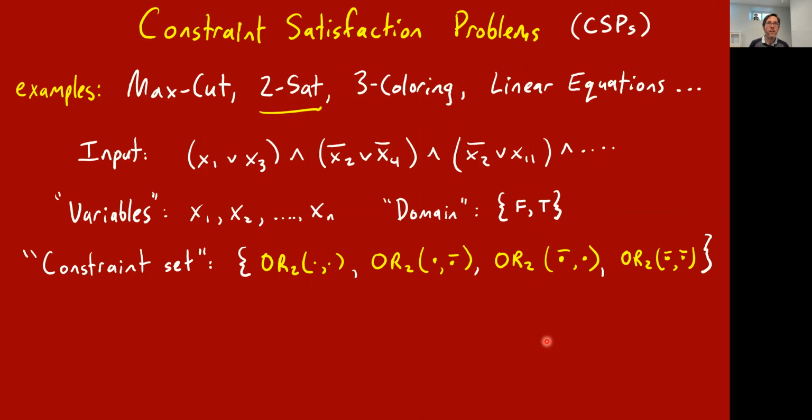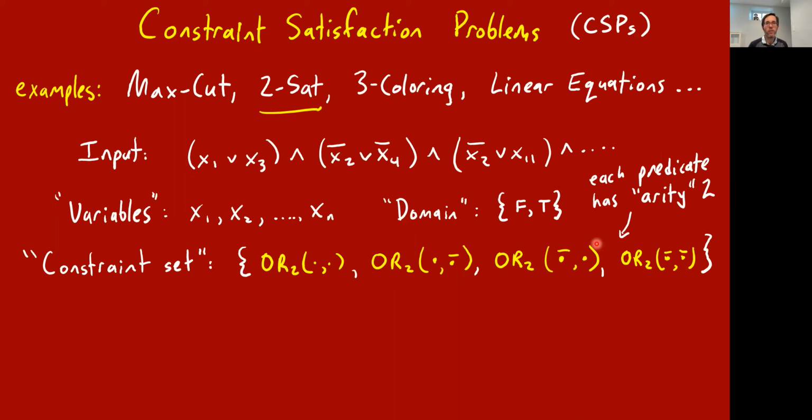In the 2-SAT problem, you don't have just one kind of constraint, like OR of 2 variables or literals. You have a set of 4 allowed constraints: OR, OR but with the second input negated, OR but with the first input negated, and OR but with both inputs negated.